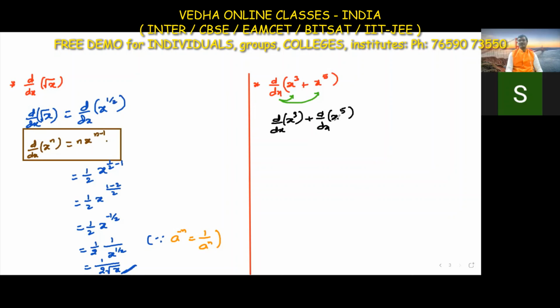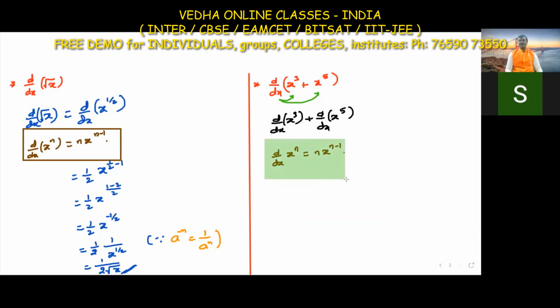Both x power 3 and x power 5 fit the formula x power n only. d by dx of x power n is n into x to the power n minus 1.